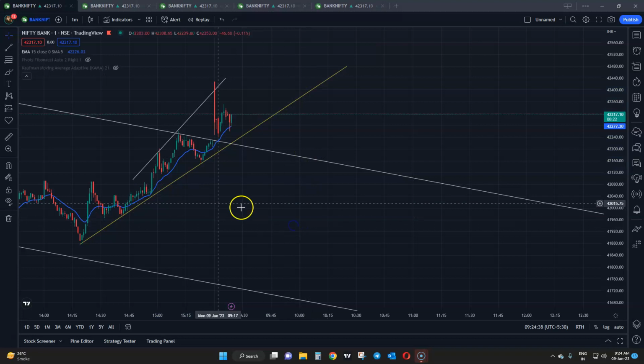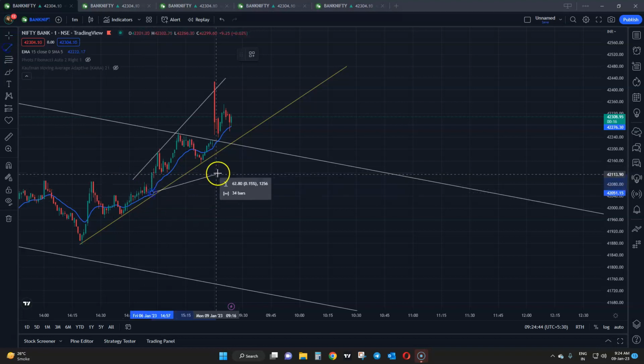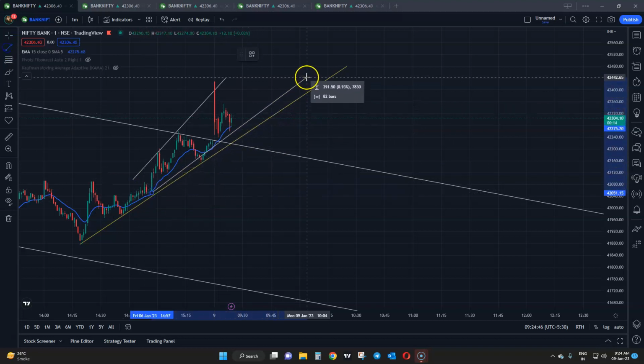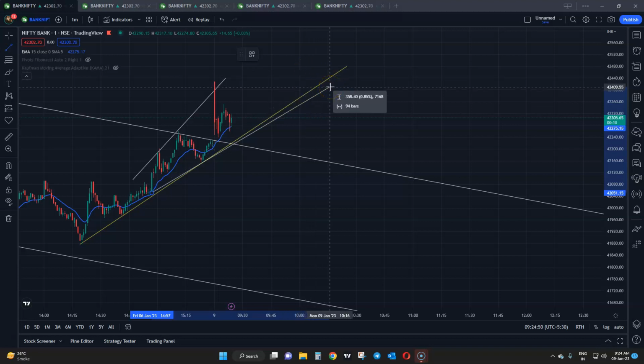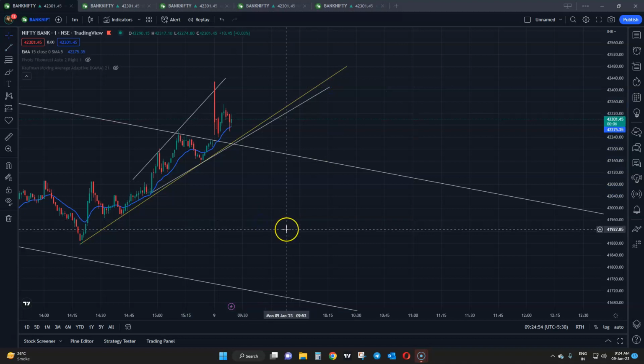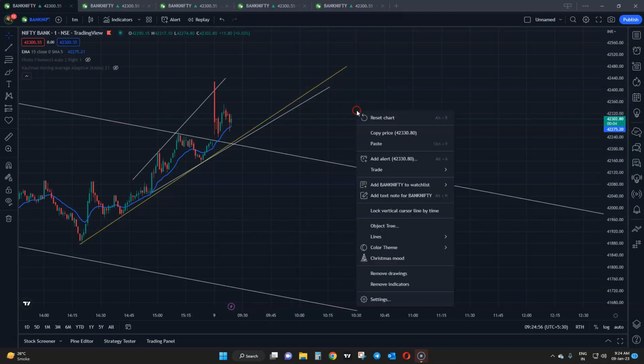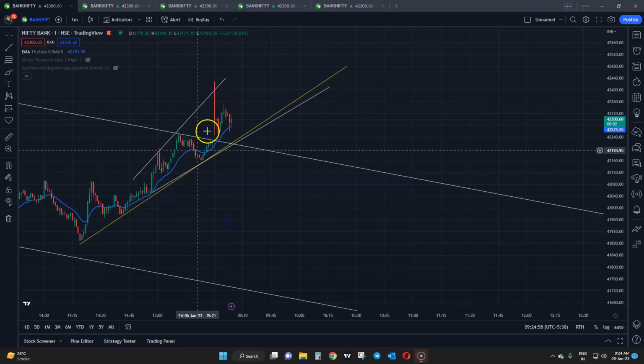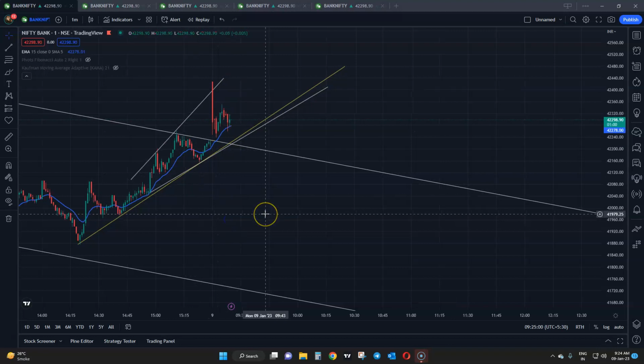So now this becomes a wedge. Okay, that has completed its up move with 3 pushes up.